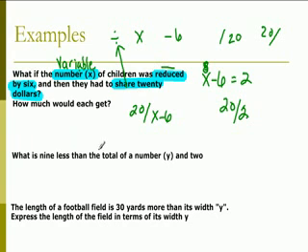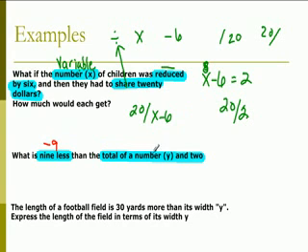What is 9 less than the total of a number y and 2? Okay, so it says 9 less. Well, that means that we are going to have to subtract 9.